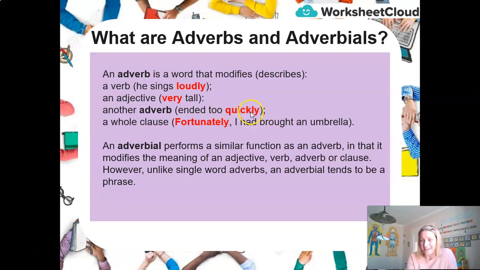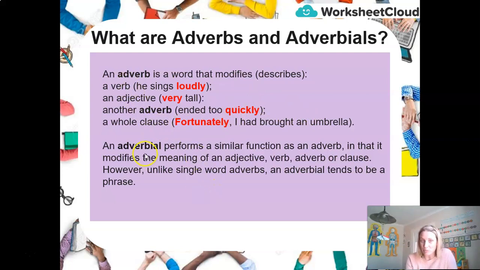So here, I'm using one adverb to help me describe another. And then lastly, in this last sentence, the word fortunately helps to introduce the following clause. So fortunately, I had brought an umbrella. So that's an adverb. They are single words that are used to modify or describe those things.